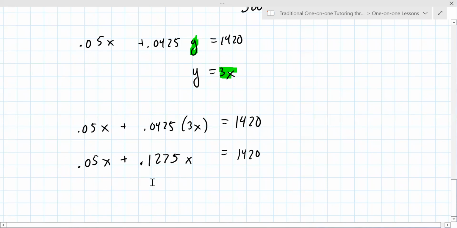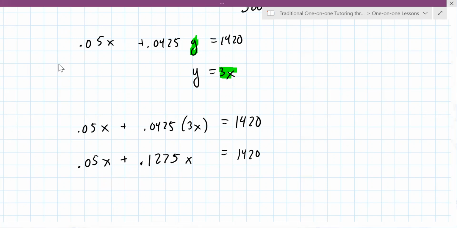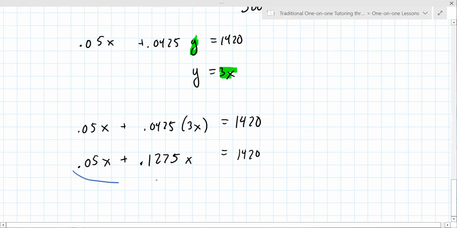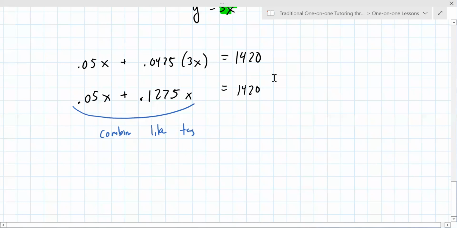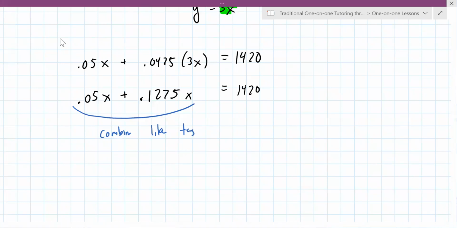What do you know to do here? You subtract the 0.1275 at both sides. Well, but you want your variable to be on the left, and it already is. See how they both have an X in them? So you actually combine like terms. So now you combine both. Yes. So grab your calculator again, add these up, not multiply, add them up.